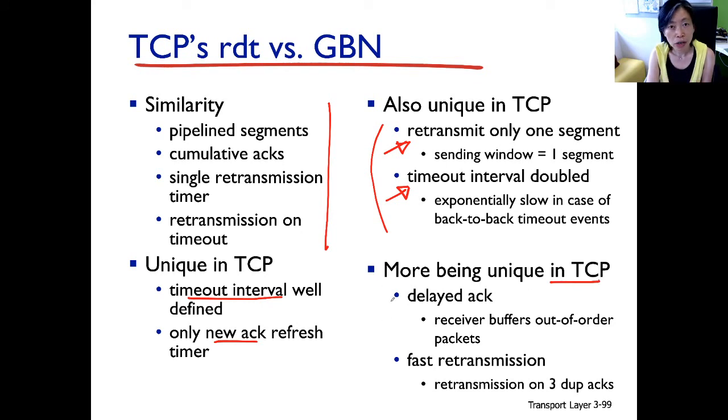TCP receiver here is also trying to reduce the effort of sending ACKs. TCP receiver here also tries to buffer data that arrives out of order. So memory is required at the TCP receiver, unlike the Go-Back-N receiver. TCP implements also fast retransmission, so for certain patterns of loss, we get to recover faster instead of always waiting for a timeout.